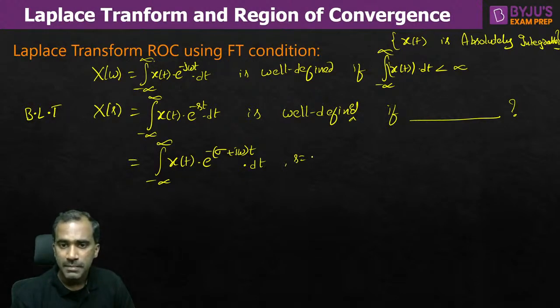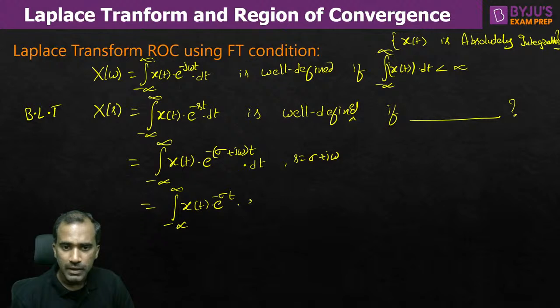So s is replaced with sigma plus j omega. Now understand carefully. You have to focus very carefully. Limits from minus infinity to plus infinity, x of t. See this one? Let me divide this into two parts: e power minus sigma t into e power minus j omega t dt.